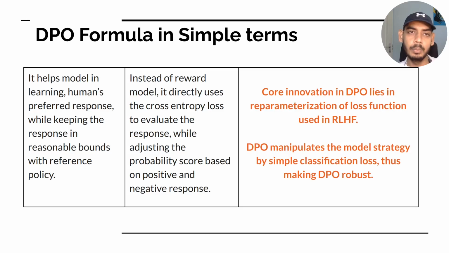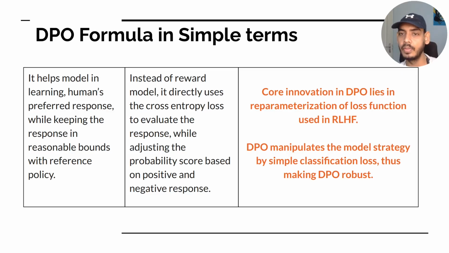So the DPO formula in simple steps: it helps the model learn the humans' preferred response while keeping the response within reasonable bounds. It should not provide inappropriate responses, and it should follow the reference policy. Instead of a reward model, it directly uses the cross entropy loss to evaluate the response while adjusting the probability score based on positive and negative responses. So this is quite simple.